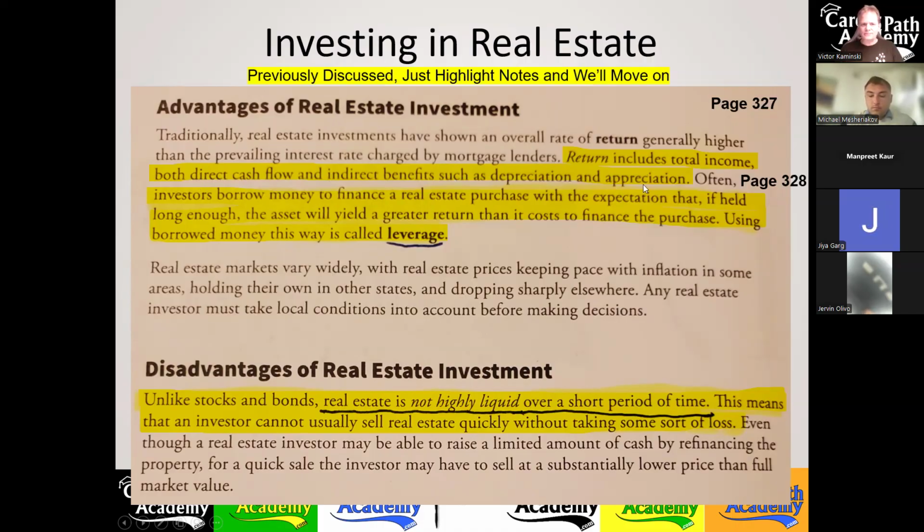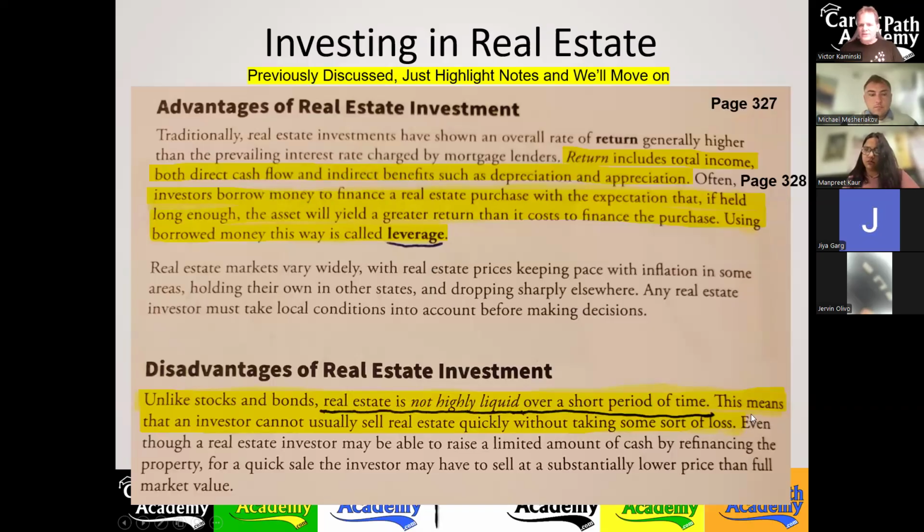Investors borrow money to finance real estate purchases with the expectation that if they hold on to it long enough, the asset will yield a greater return than it costs to finance the purchase. And using cash in this way is known as leverage.